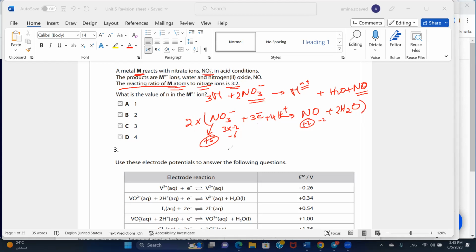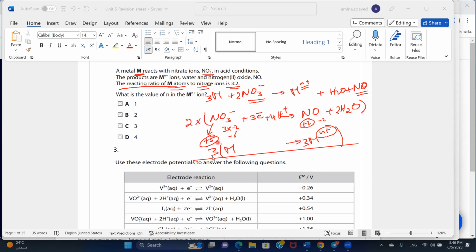We know that when the 3 metal atoms react to give the metal ion, we do not know how much the charge is here. So the number of electrons should be equal, so that when we add the 2 equations, the electrons cancel together. In the first equation, we have 3 times 2, which is 6 electrons, which means that the metal must lose the number of electrons that it will give to the previous equation.